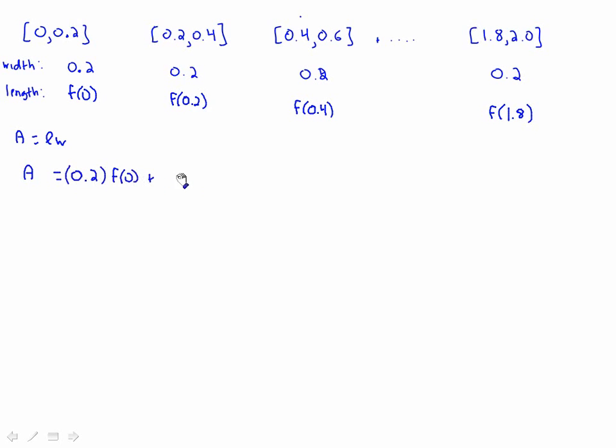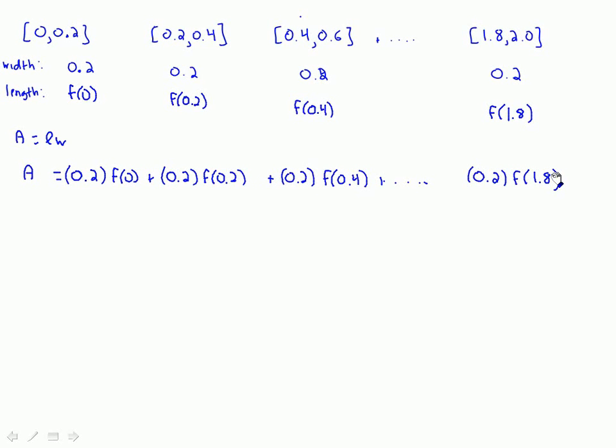And then the next one would be 0.2 again for the width, multiplied by f at 0.2. And then so on like that, 0.2 multiplied by f at 0.4. And then finally, all of these ones, 0.2 multiplied by f at 1.8.